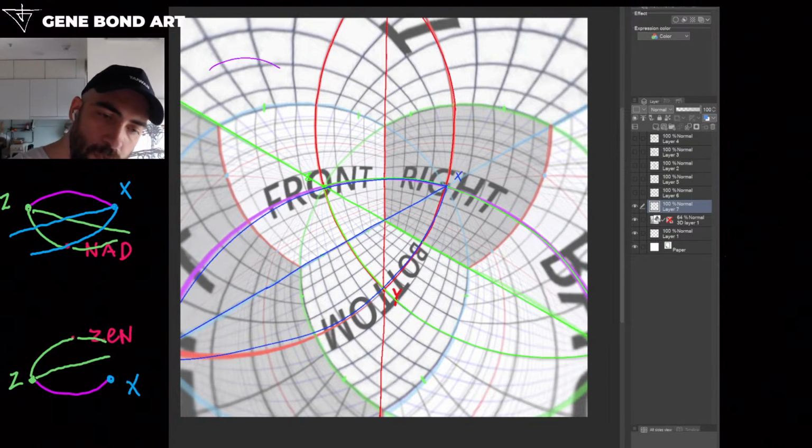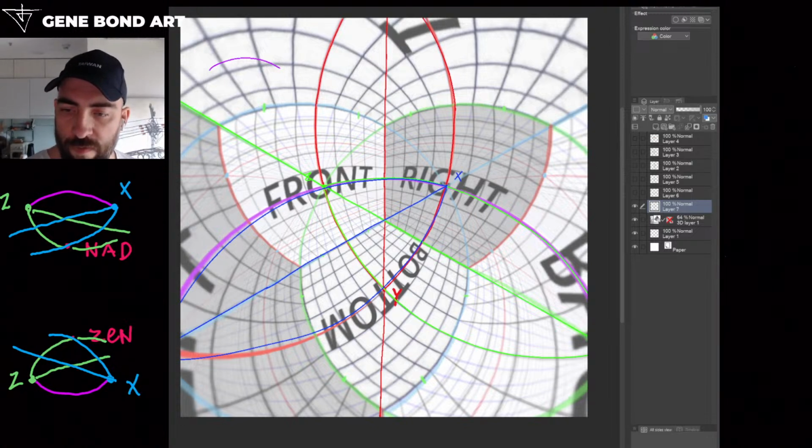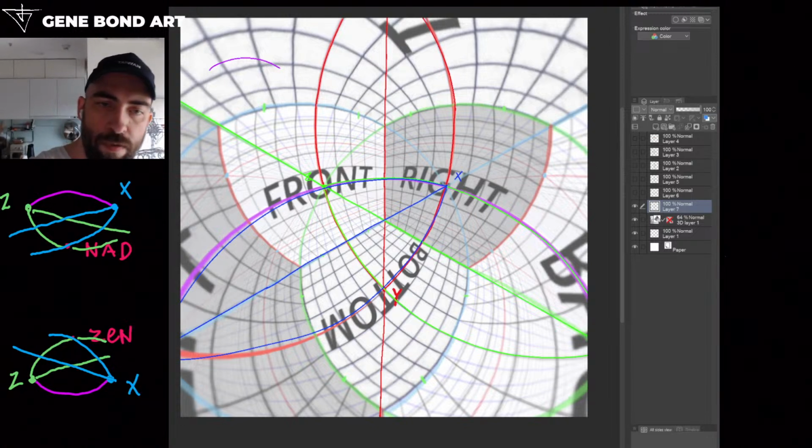It goes through the y vanishing point. You see? Mirroring curvature.